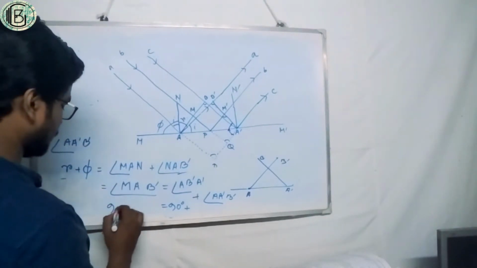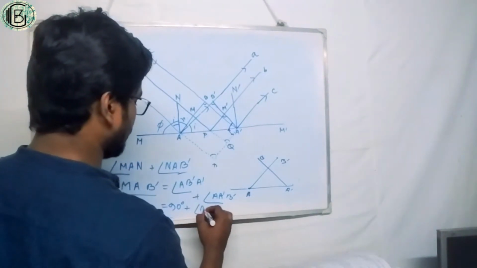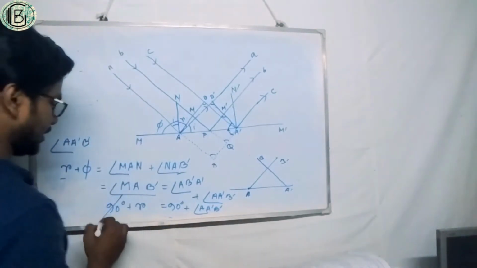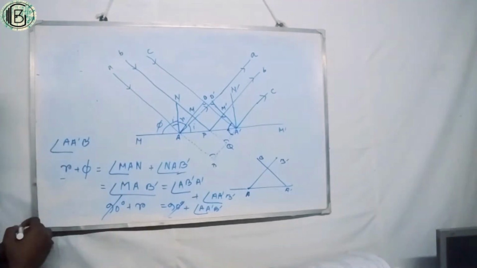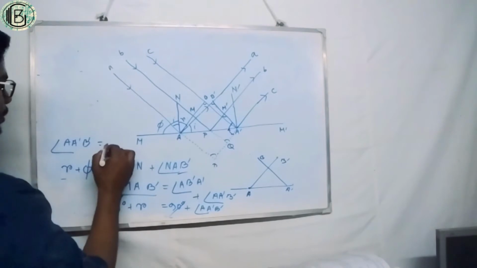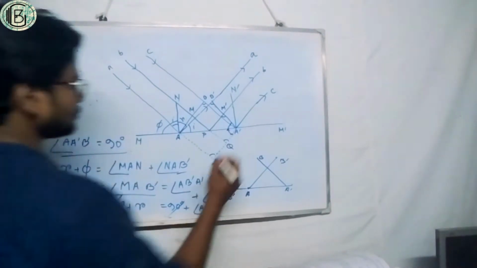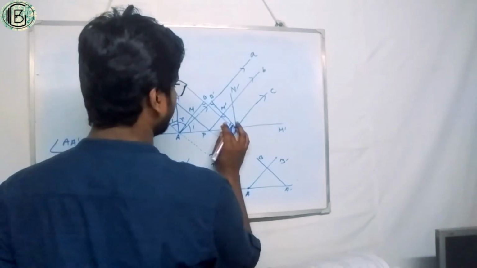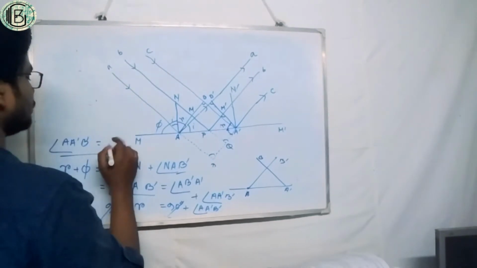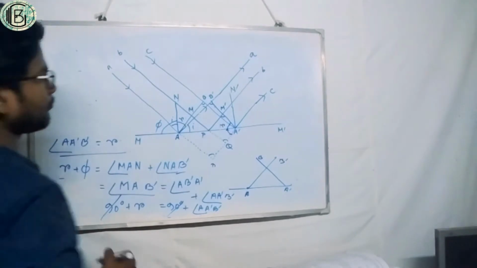So 90 degree plus R equal to A prime B prime. So we cancel 90 degree on both sides, so we get this angle A prime B prime to be equal to R. So we can also write this angle to be equal to R.